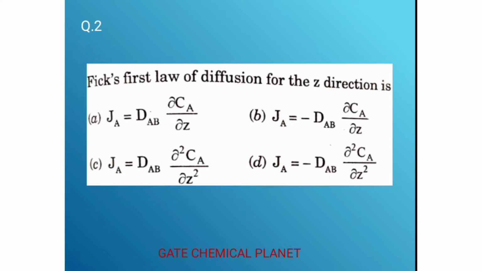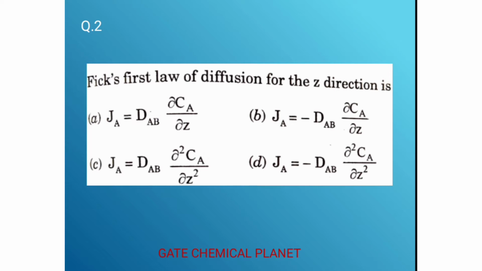So students, according to the definition of Fick's first law of diffusion, the molar flux of species A in the Z direction is directly proportional to the concentration gradient. So here molar flux is JA, which is directly proportional to the concentration gradient del CA by del Z, and the proportionality constant is the diffusivity DAB.